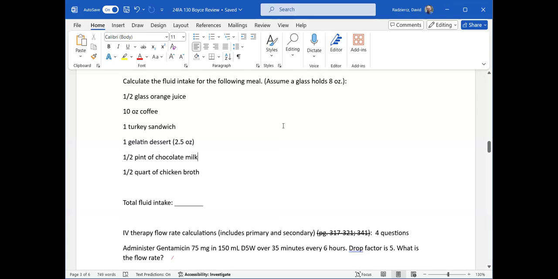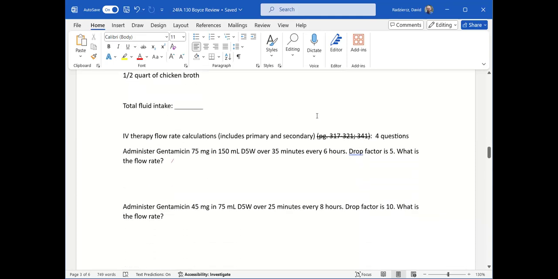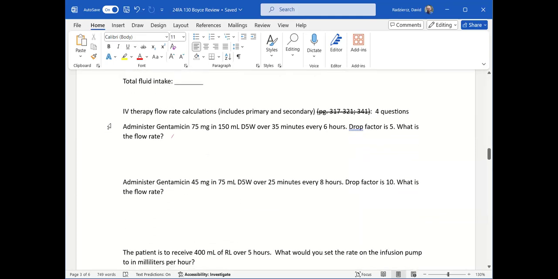Okay. Does anyone need to see calculating the total volume here, or are you guys okay? All right. So let's do the flow rate type questions.